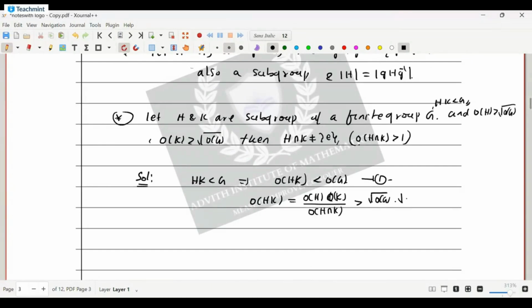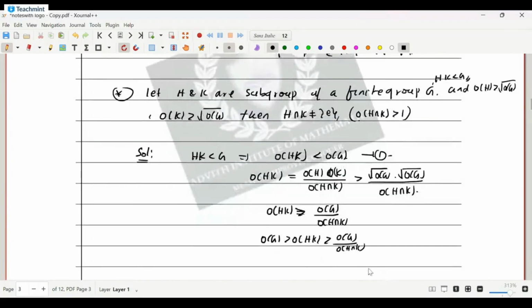And the order of K is also greater than the square root of the order of G, all divided by the order of H intersection K. So this is greater than the square root of the order of G times the square root of the order of G, divided by the order of H intersection K, which is the order of G divided by the order of H intersection K. But we know that the order of HK is less than the order of G. So the order of G is greater than the order of HK, which is greater than the order of G divided by the order of H intersection K. So this value is greater than 1.